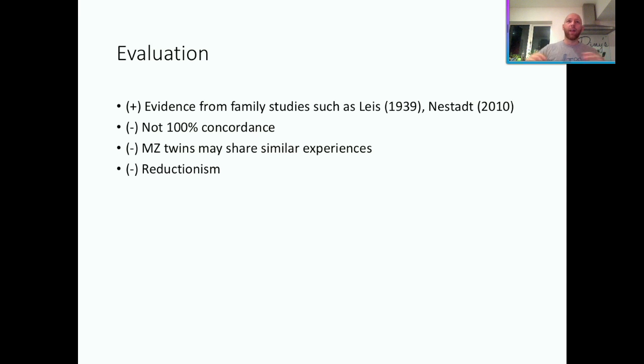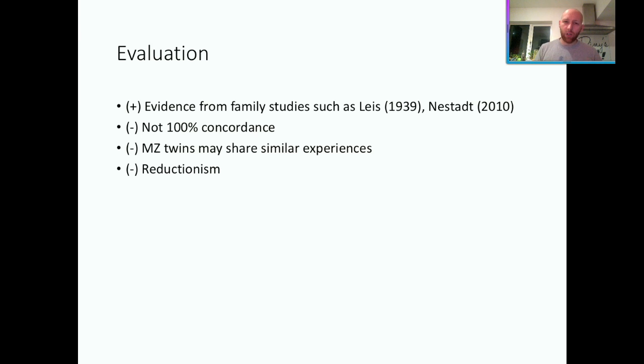Another one is reductionism. You are breaking down this complex set of behaviours to the dysfunctioning of one area of the brain, or the levels of dopamine or serotonin in your brain. This is ignoring huge elements of our experience, such as the environment that we grow up in, how people respond to us, our own thoughts and actions.